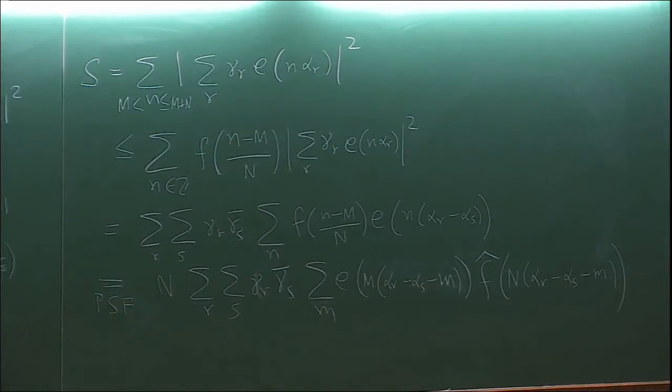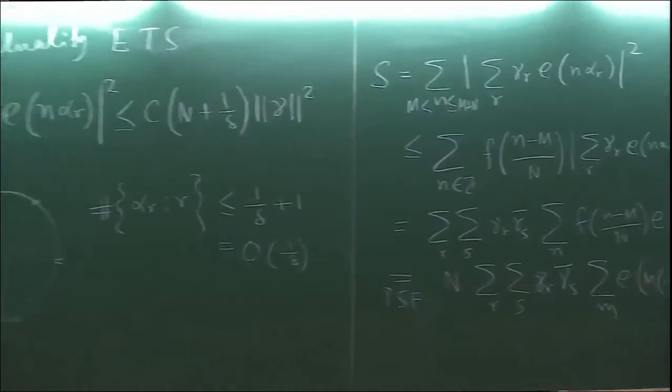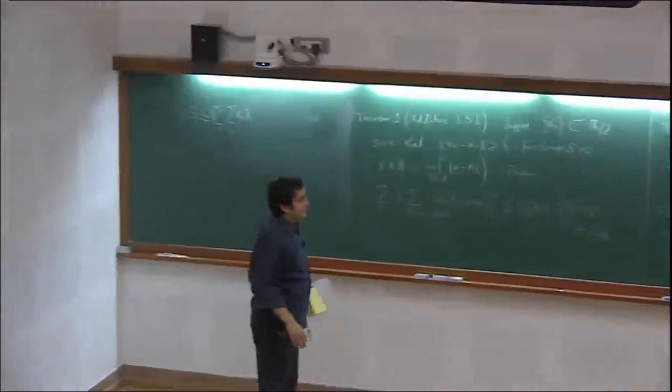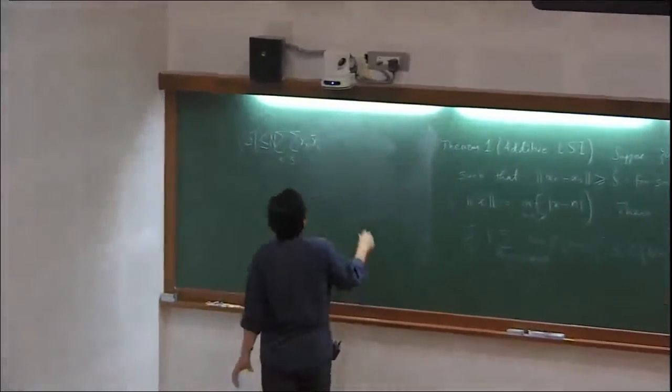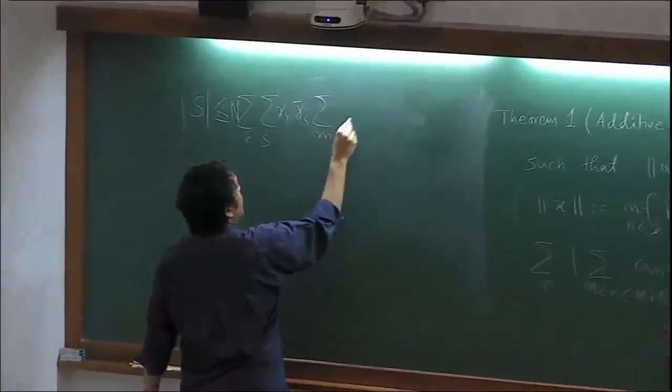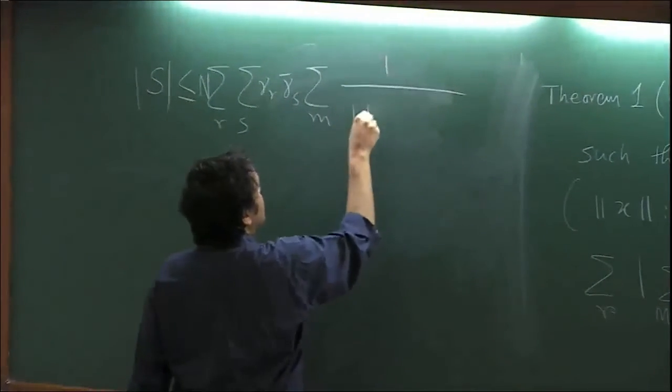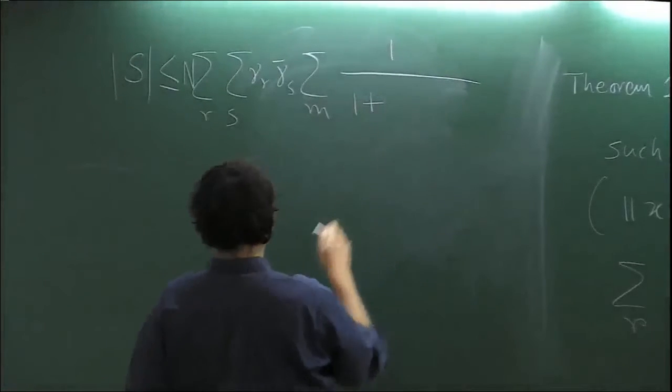And then this gives you that S is bounded by the sum over r, s, and outside there is N, gamma r, gamma s bar. I'm putting absolute value, so this exponential of something will be just 1. And then I have the sum over m, 1 upon 1 plus, what is it?